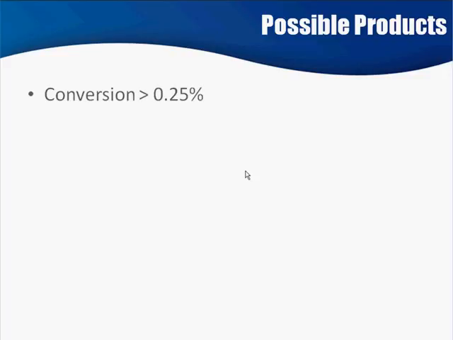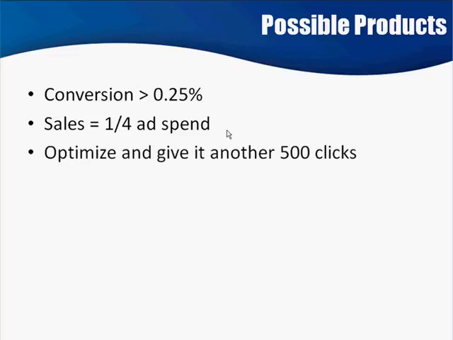With these, if the conversion is greater than 0.25% and sales is equal to or greater than 1/4 of your ad spend, and what I'm doing is actually taking both of these factors together, we're going to go back and optimize things, kind of give it a reevaluation, and give it another 500 clicks just to give it a chance, okay? Because it might very well pan out.